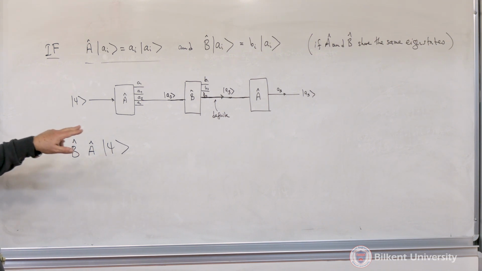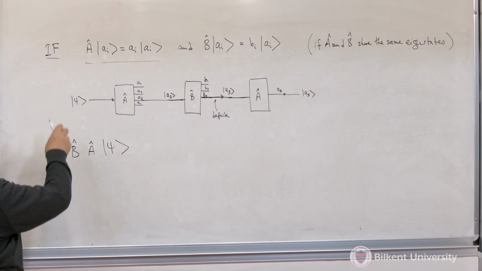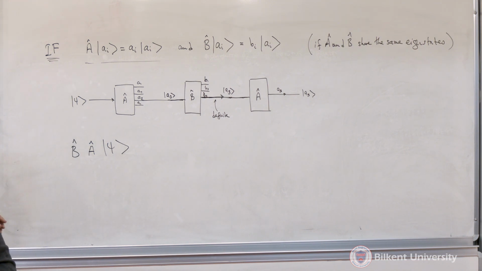So we are still under this if. We are still looking at the cases when they share the same set of eigenstates. Well, what does this lead to? Let's see.